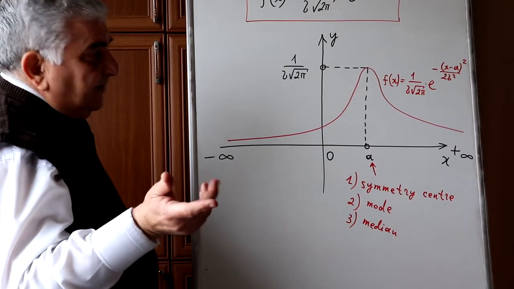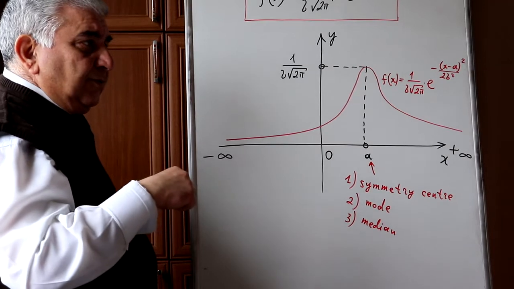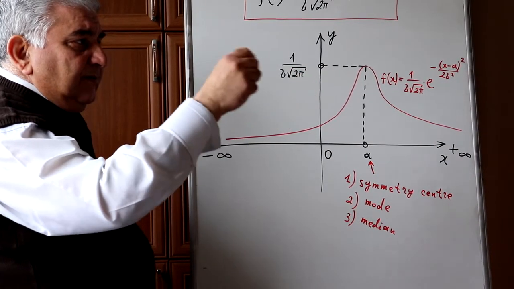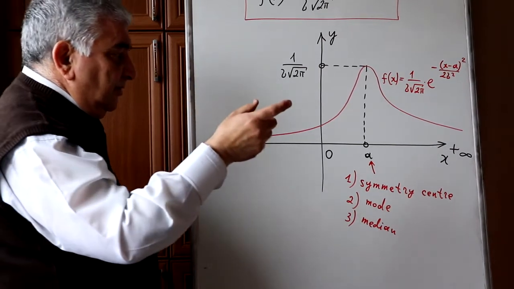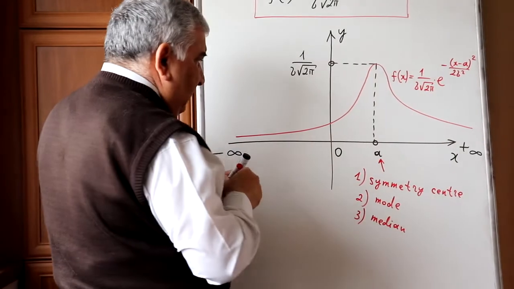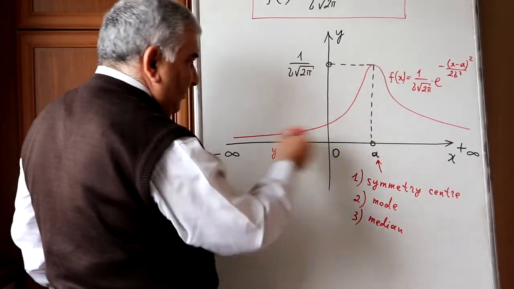Now verify the properties of the normal distributive density. According to the first property, at infinity the function f of x tends to 0, and the x-axis is the horizontal asymptote, and its equation is y equals 0.